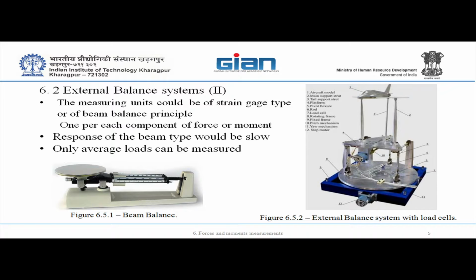For a business jet, the model is so big, the loads are also high, and the internal balance cannot be capable of it. On the low speed, because of the size of the model, it's impossible. So we have to have this type of measurement only.